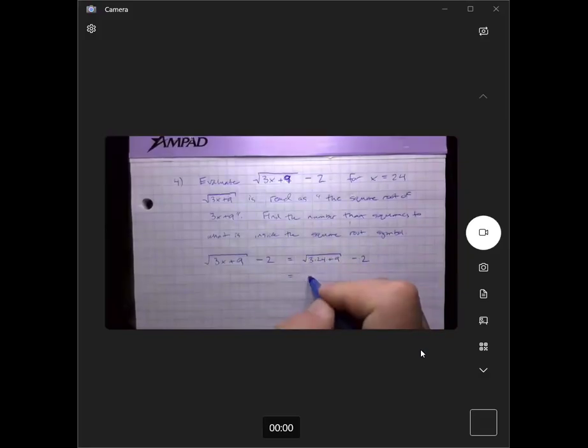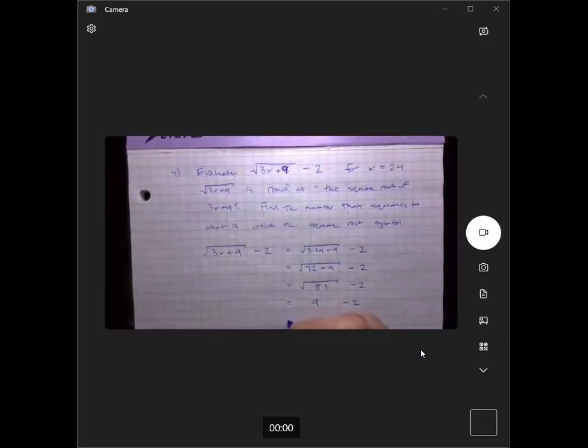So we have 3 times 24, that's 72, plus 9, minus 2. Again, since the square root acts like a parentheses, we do what's inside first. So we have the square root of 81 minus 2. The square root of 81 is 9, and then we subtract 2, and so we get 7, and we're done.